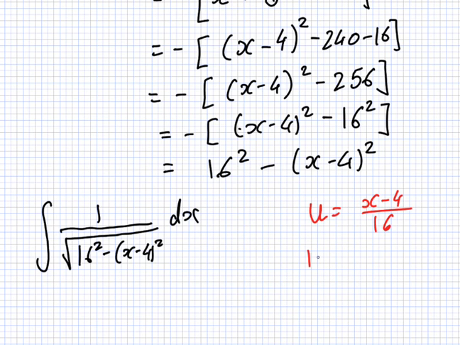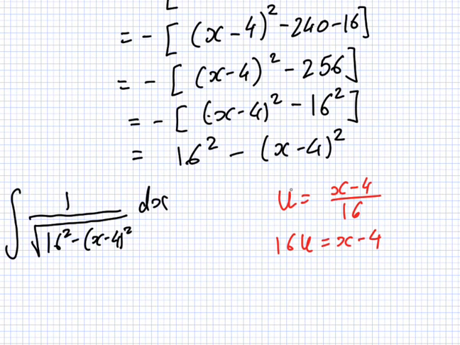Or if you want 16u equals x minus 4. And also this can be written as x over 16 minus 4 over 16. And we have du dx equals 1 over 16. So 16 du equals dx.